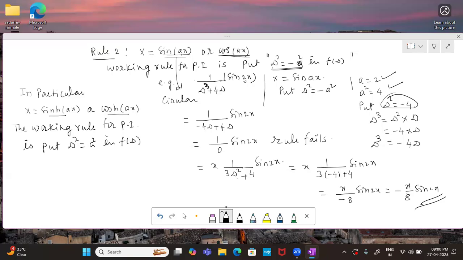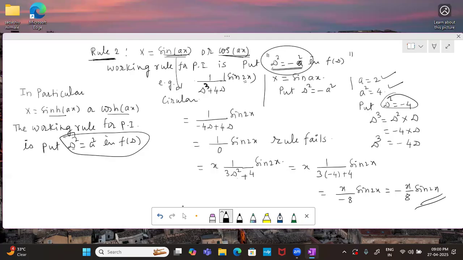So what is the difference in these two rules? In the case of sine and cosine, trigonometric functions, the working rule is d square is equal to minus a square. But in hyperbolic functions, the rule is d square is equal to plus a square. That is the only difference. So that is rule number 2 to find the PI.